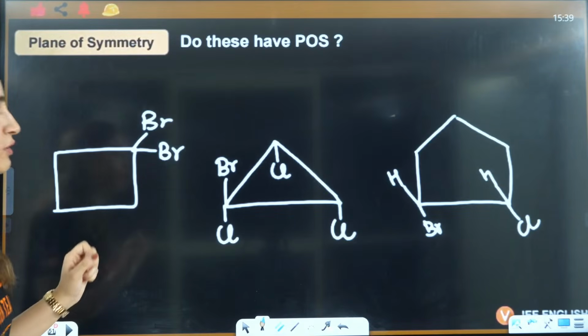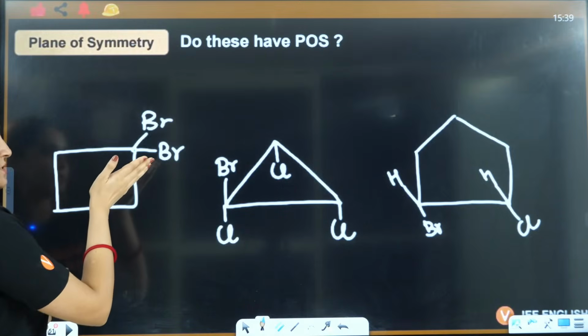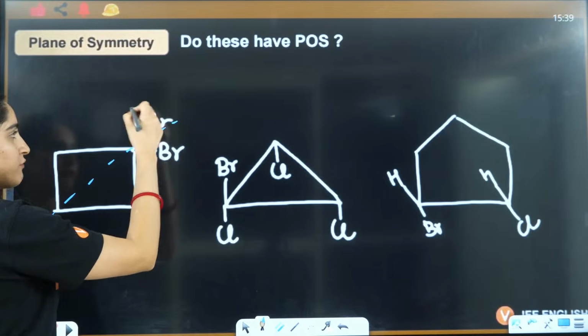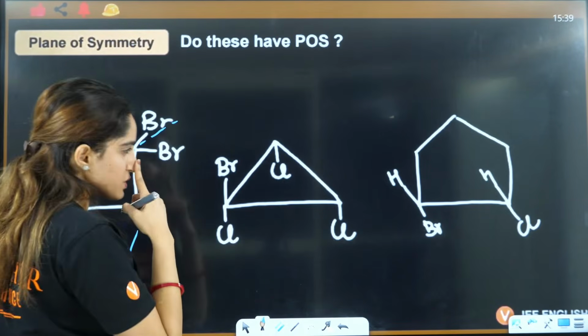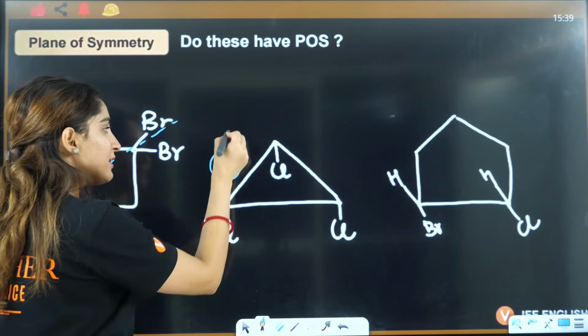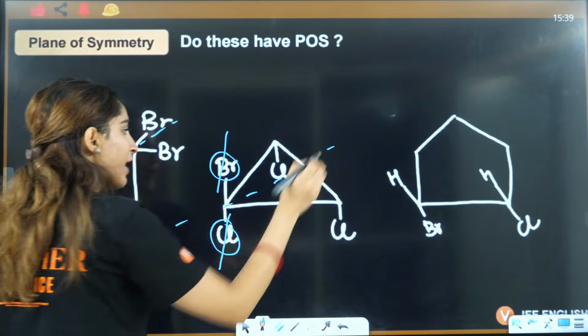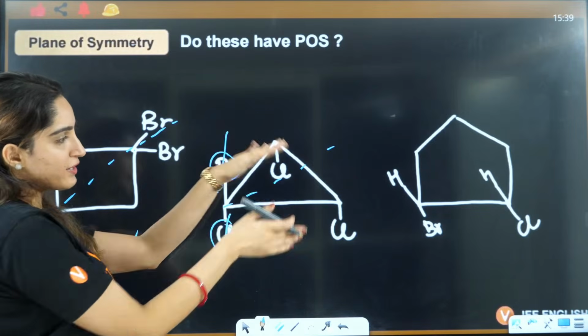Now let's talk about these things. On this carbon, definitely POS is present, because if you pass a plane that cuts it into equal halves, then POS is present. If you see this here, if you pass a plane that divides this bromine and this chlorine, basically these two things are divided into equal halves.